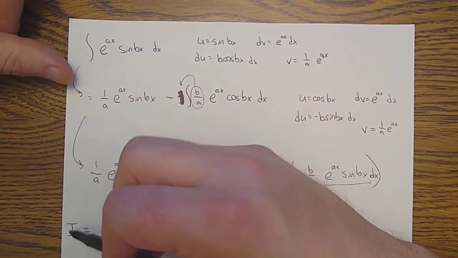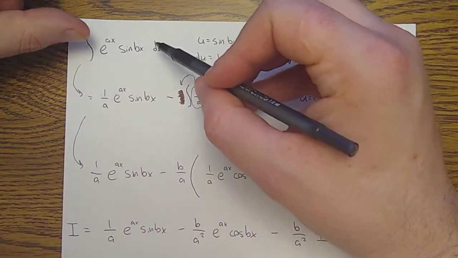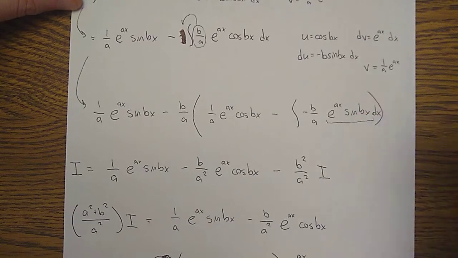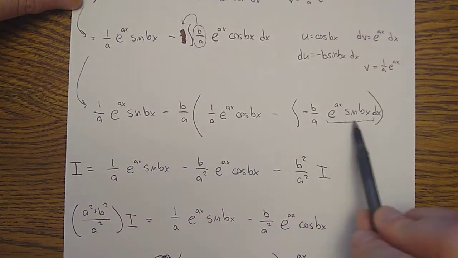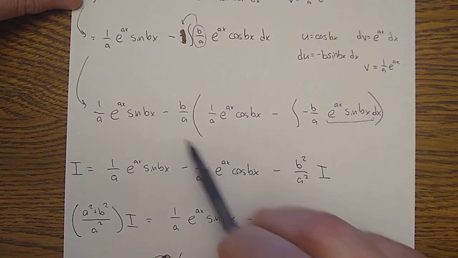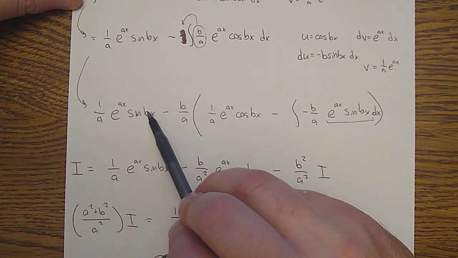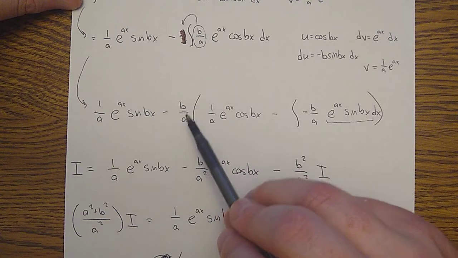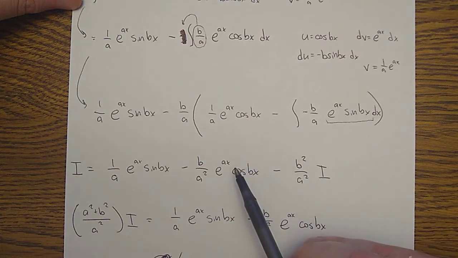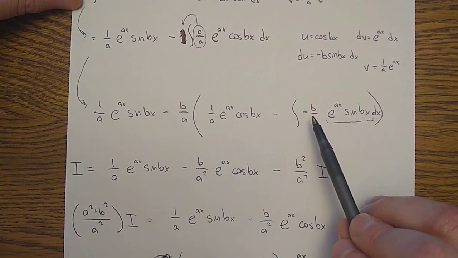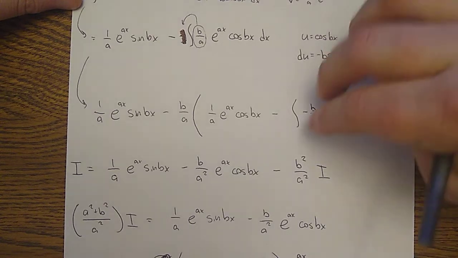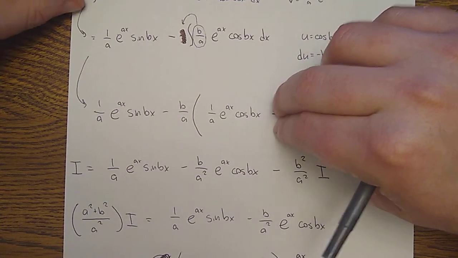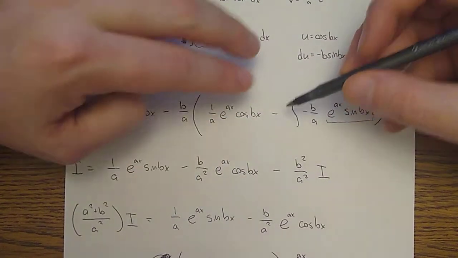So let me call this integral I. What we showed is that I, up here, equals this, and let me simplify that. This I just carried right down. This, I just distributed the b over a. And this, I pulled out negative b over a, so that was a constant.